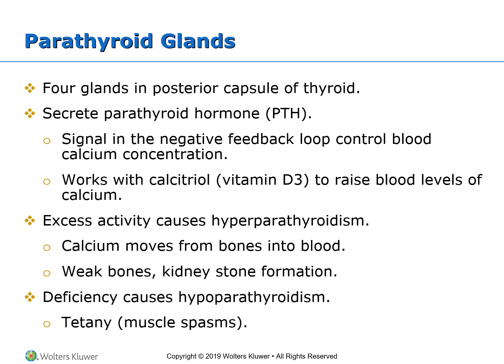Parathyroid hormone will start to be secreted from the glands the moment that the calcium concentration in blood drops under the thermostat type of level that is decided as the normal level. Now, in addition, together with vitamin D3, which is calcitriol, the PTH will raise the blood levels of calcium.